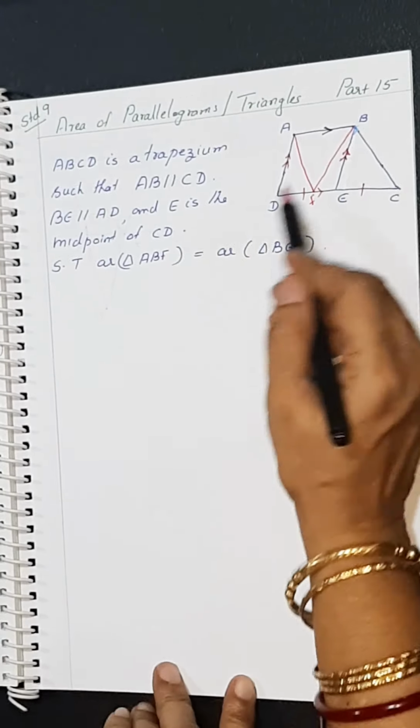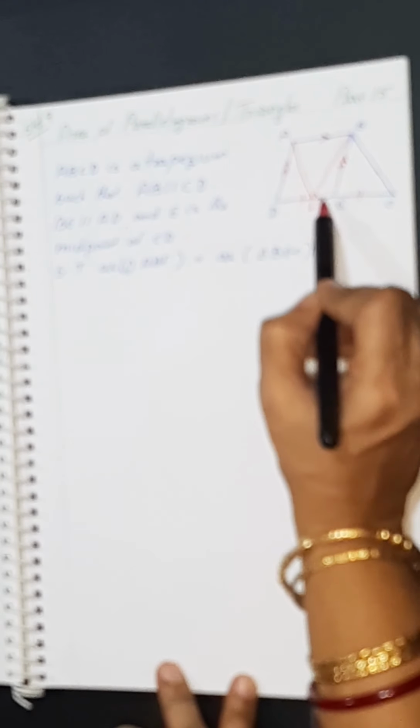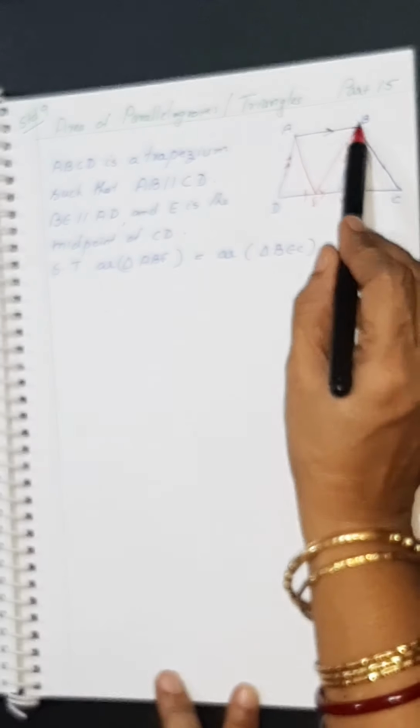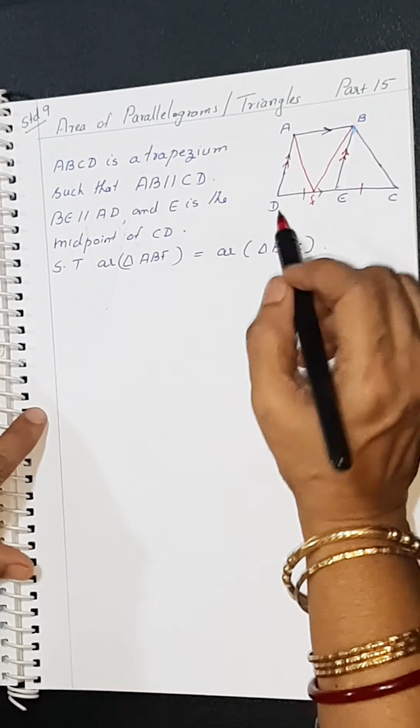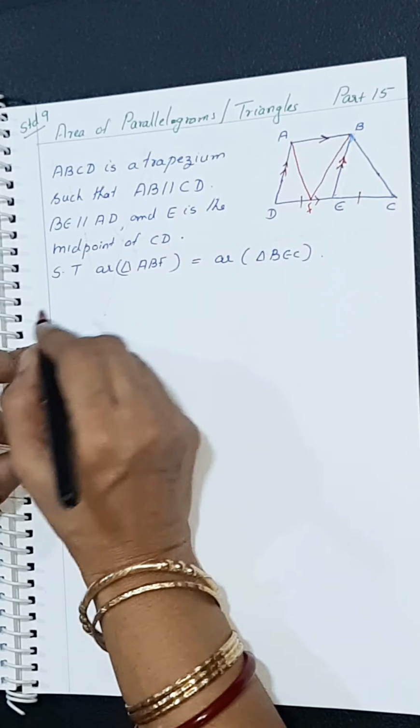Now, since AB is parallel to CD, it is parallel to DE also, and AD is parallel to BE. We can say ABED is a parallelogram. The opposite pairs are parallel, so we can say the quadrilateral is a parallelogram.